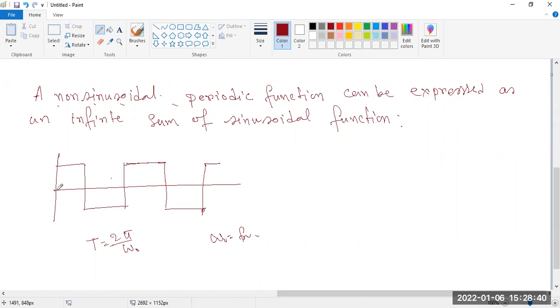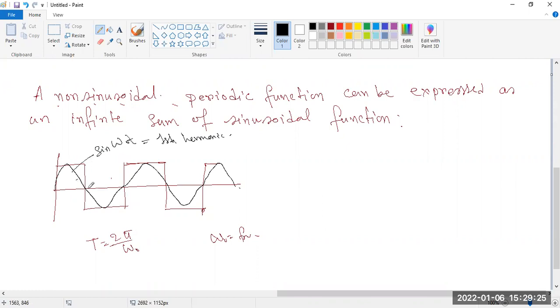Look, this signal you can say is sine omega naught t. This is one cycle, so this is called the first harmonic.